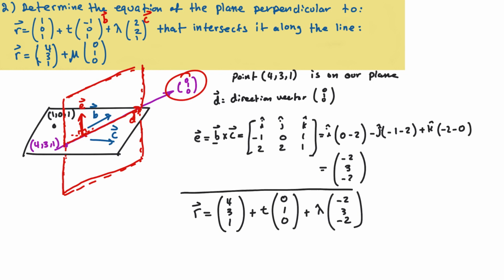And we are not asked in this particular question to have it written in Cartesian form or parametric form or vector form, so we can use whatever method we want to write our final solution, and that would be our final answer in this case.